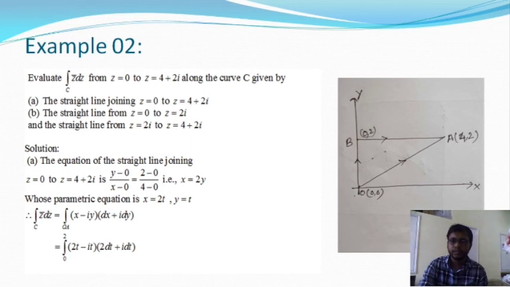The origin is at point 0, 0, and this is actually 4, 2, and this one is 0, 2.